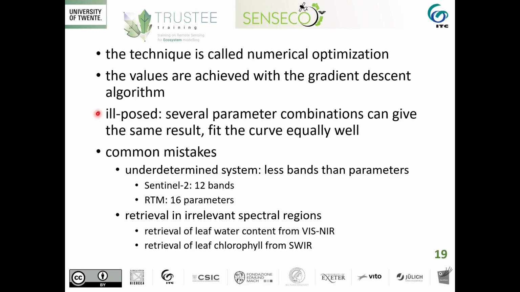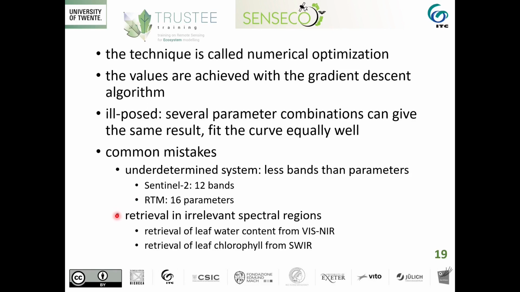The common mistakes connected with this technique are, first, when we use underdetermined systems, for example providing fewer bands than parameters. In this case, the MATLAB algorithm, for example, even gives up. It says, I don't know how to fit 16 parameters, 16 unknowns, with 12 knowns, for example in the case of Sentinel-2. And the second, quite common, is retrieval in an irrelevant spectral region.